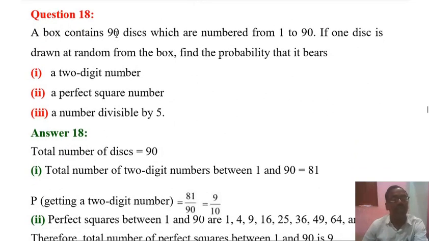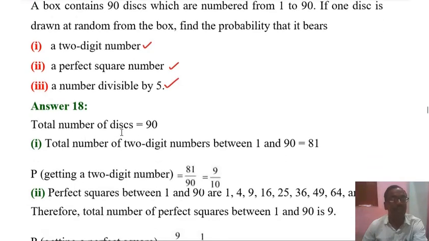A box contains 90 discs which are numbered from 1 to 90. If one disc is drawn at random from the box, find the probability that it bears a 2-digit number, a perfect square number, a number divisible by 5. So the total number of discs is 90.